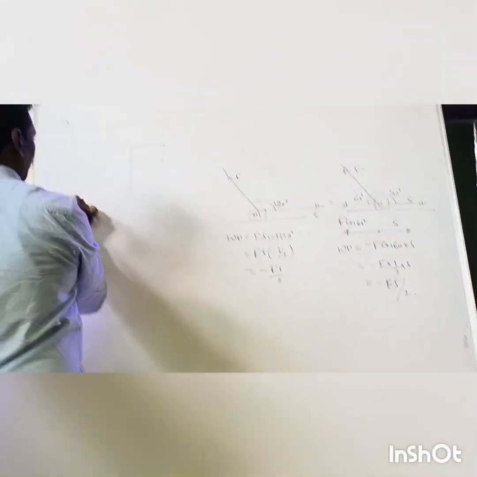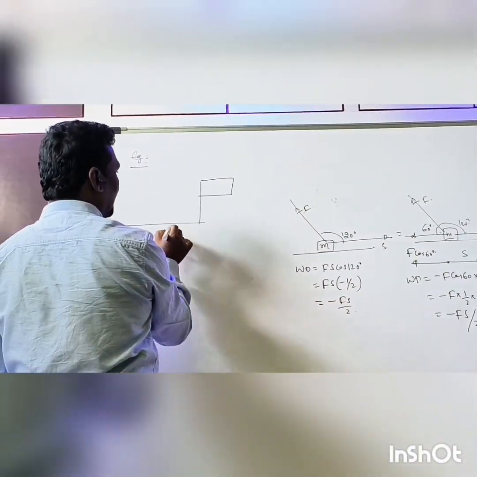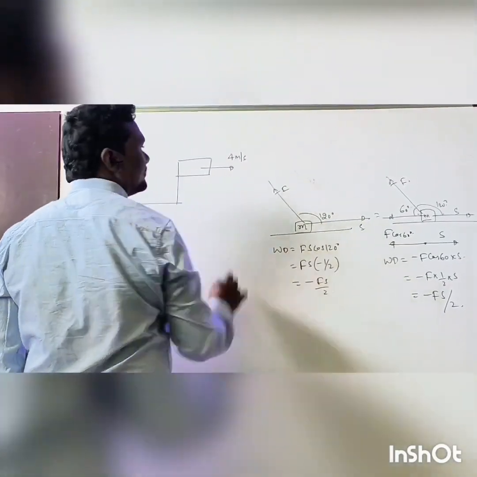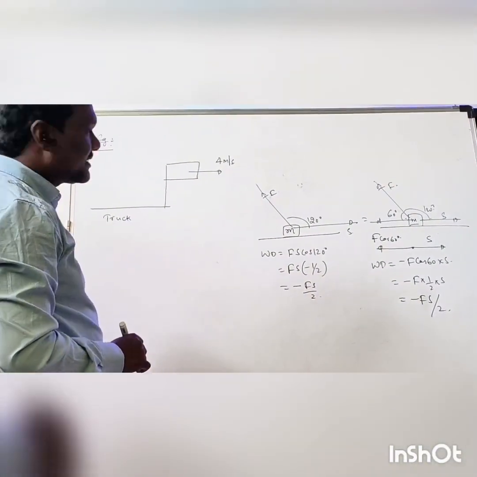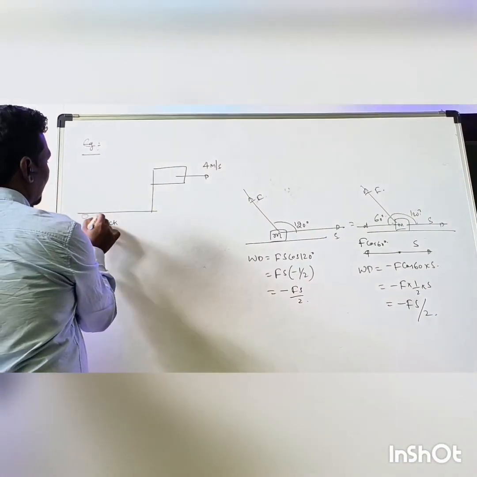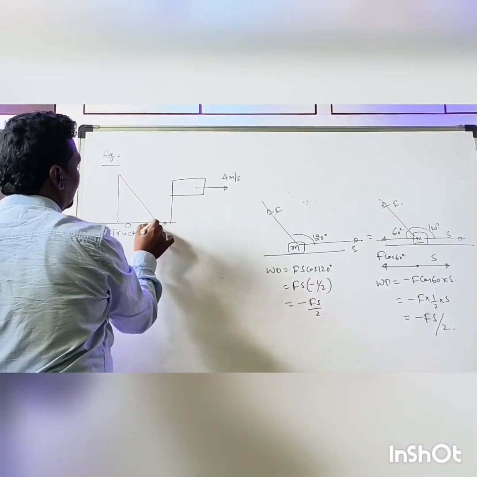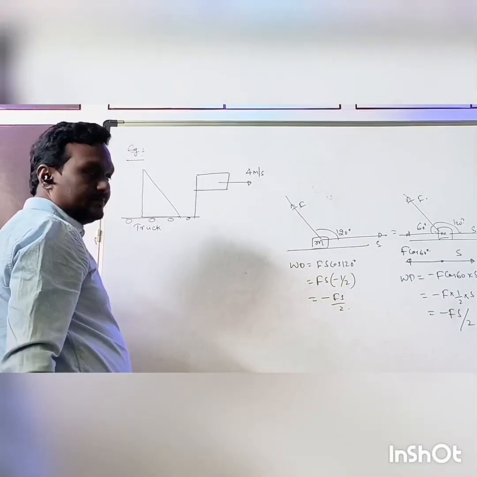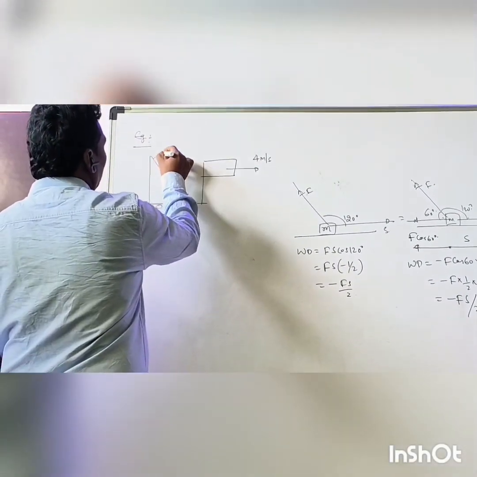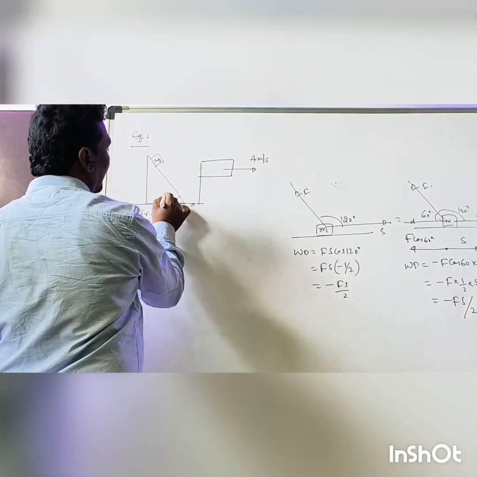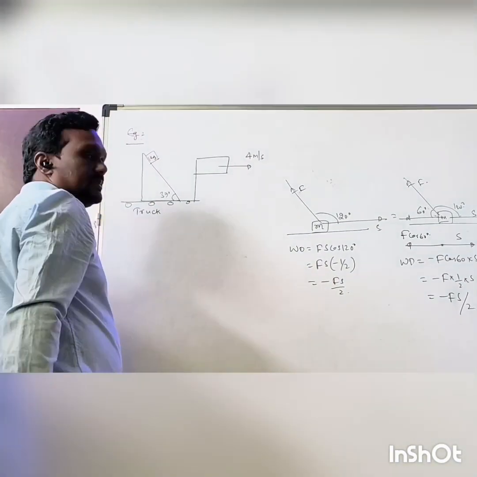Truck is moving with 4 meter per second uniform velocity. There is an inclined plane inside the truck. And on the inclined plane, there is a 1 kg block. The angle of inclination of the inclined plane is 37 degrees.